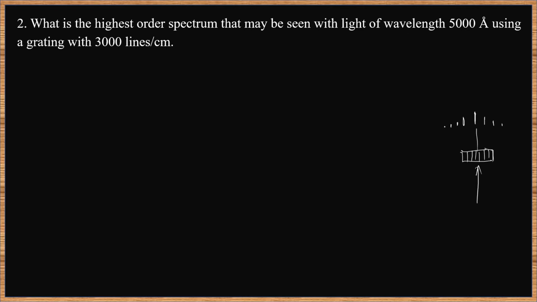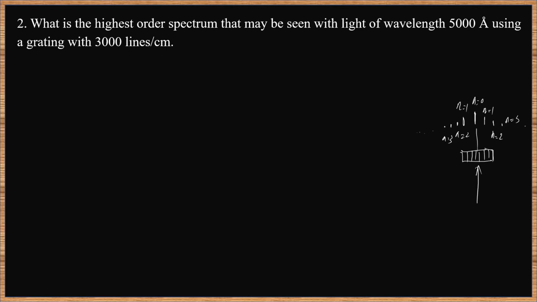So this is n equal to 0, n equal to 1, n equal to 2, n equal to 3, and so on. So the order is going like this, right?